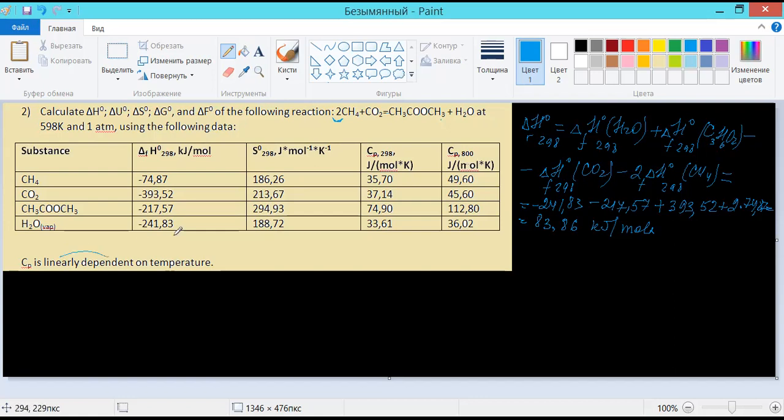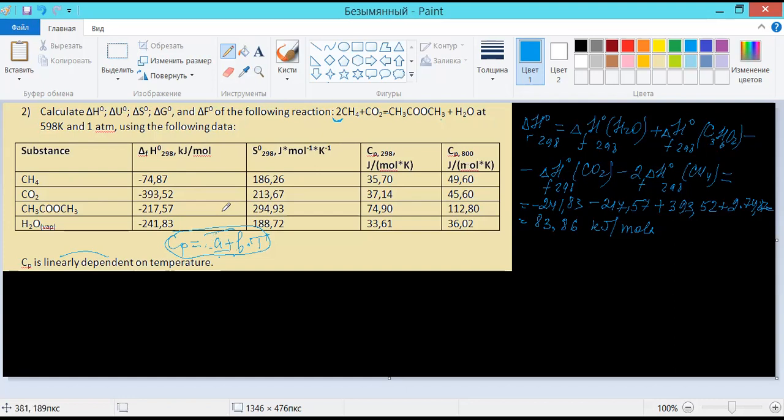That means that we can write Cp as a function a plus b times T. In mathematical terms, linear dependence on temperature is expressed through this equation. In other words, for each of the 4 substances, we're supposed to find their own coefficients A and B. Let's do that for methane.